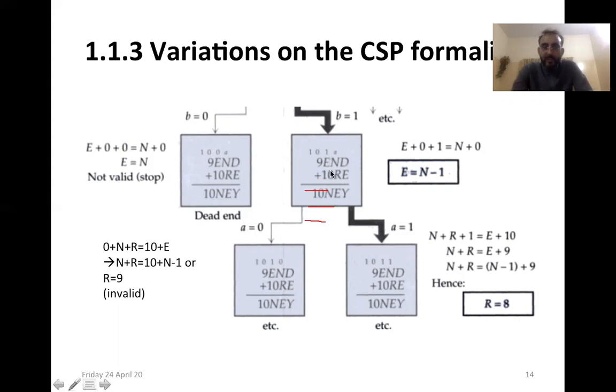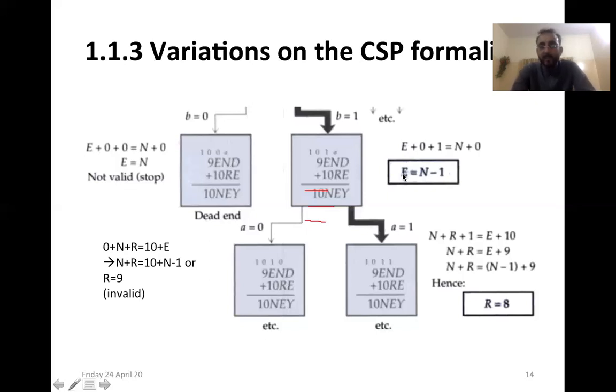So 1 plus E plus 0, or E plus 0 plus 1, you can write in any way, and then it is equal to 10 multiplied by the next carry, which is 0, and so it is N plus 0. And we are getting E is equal to N minus 1 after simplifying this equation. So this is saying that E is equal to N, but you have to subtract something from N, then you can say E is equal to N minus 1.